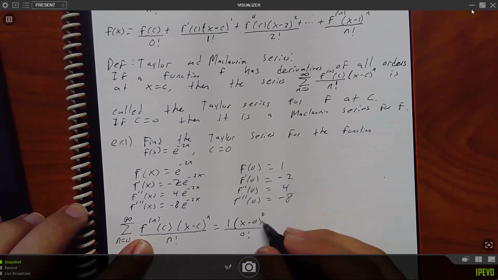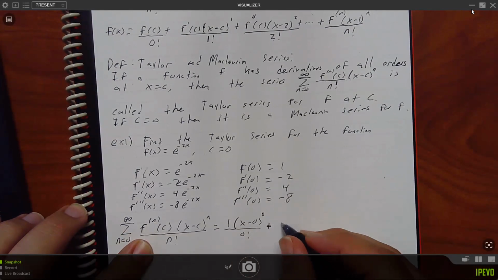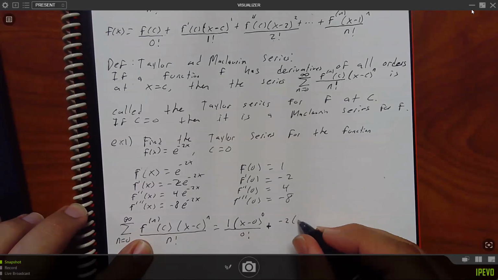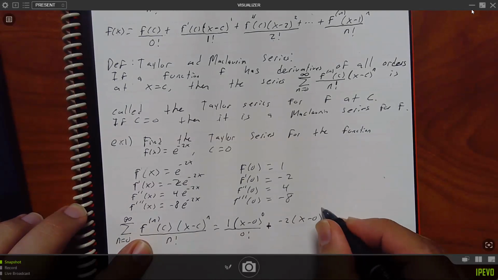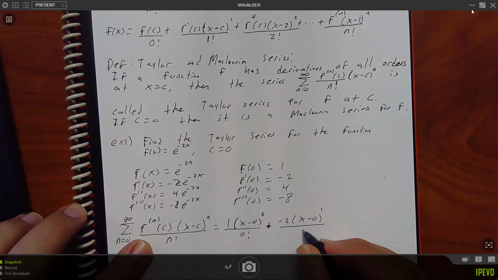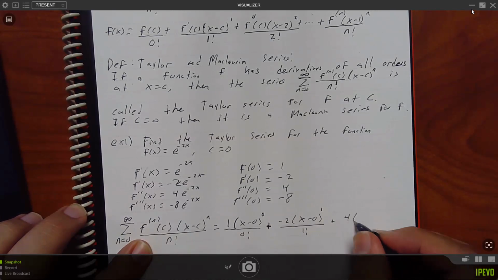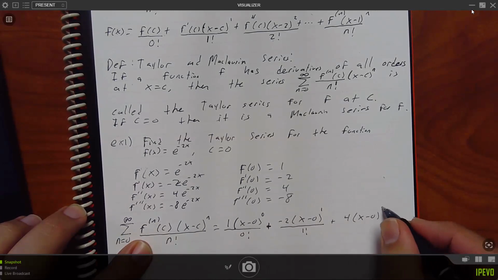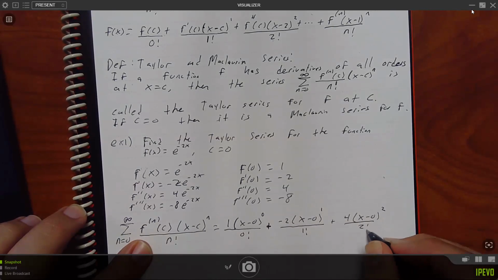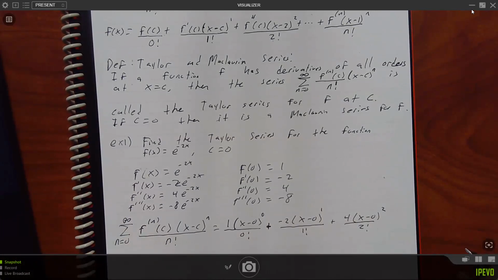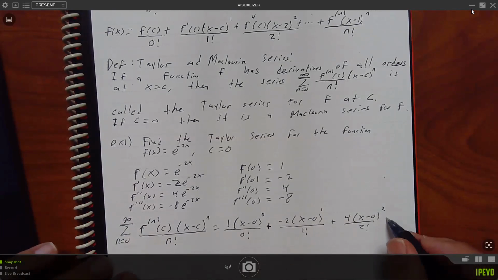Next one is minus, or if you prefer, put the negative 2 up here, it's fine. x minus 0 to the first over 1 factorial. The next one is 4, x minus 0 squared over 2 factorial. It keeps going forever.